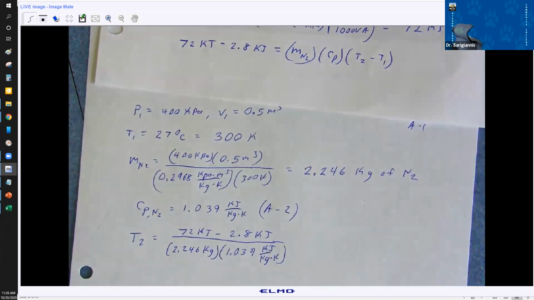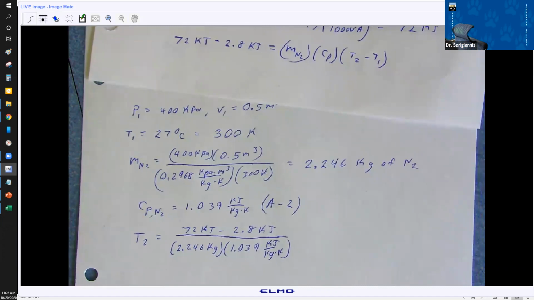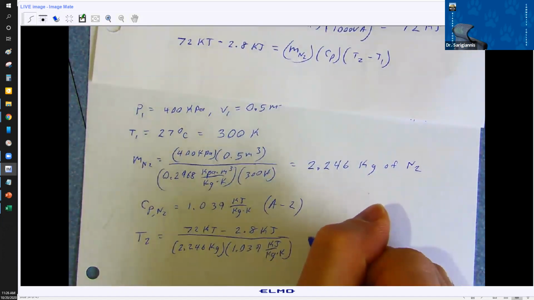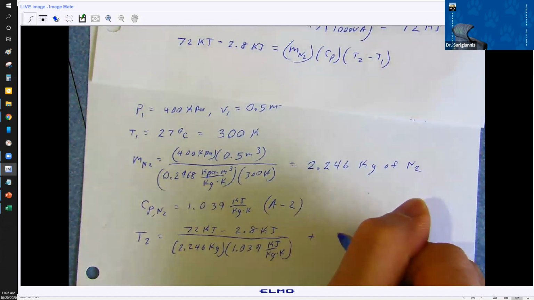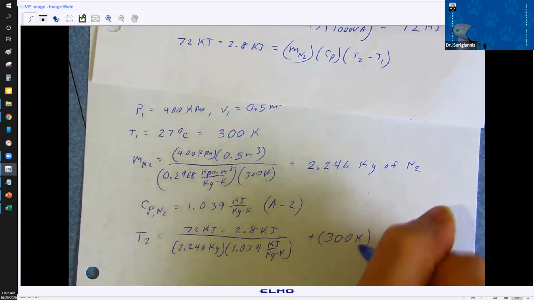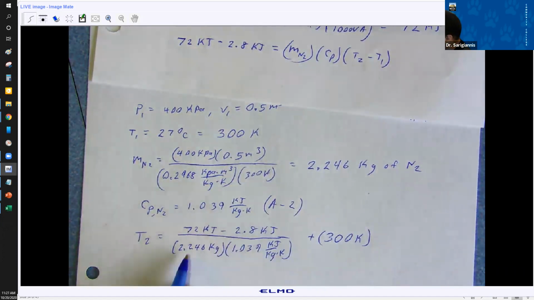I would just say, when in doubt, work in absolute temperatures. And then we've got to add to it T1, which is 300 Kelvin, because this is going to give us a temperature in Kelvin.